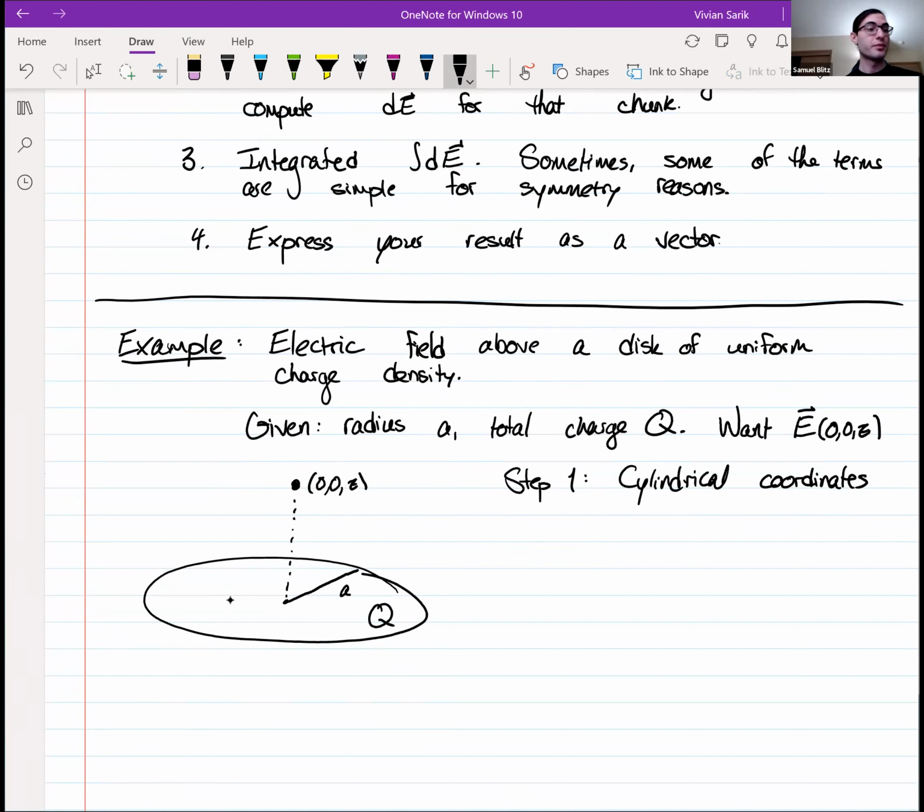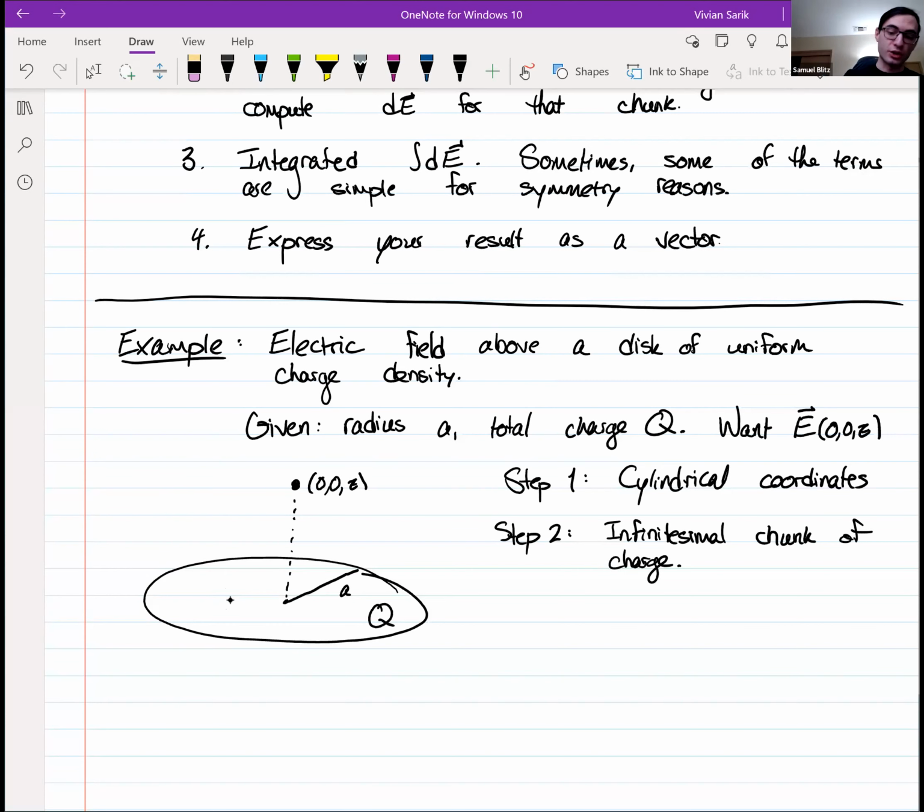So that's cylindrical. Step 2 would say something like, what about the infinitesimal chunk of charge? Well, we have to use the correct chunk that's associated with the coordinates we chose. Rather than just putting a square here, a square isn't compatible with the coordinate system that we chose.